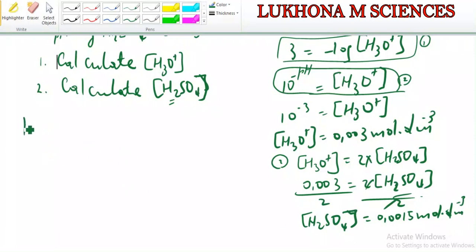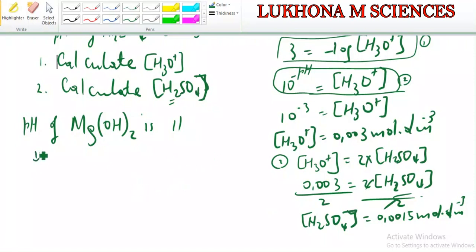Let's calculate the pH. We are given the pH of, for example, magnesium hydroxide, let's say it's 11. The pH of magnesium hydroxide is 11.